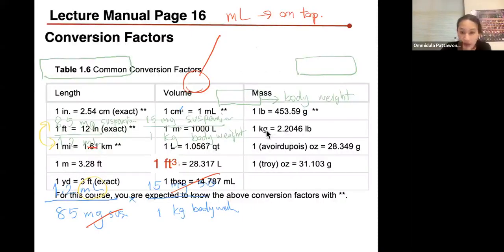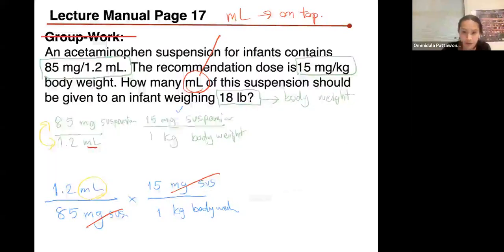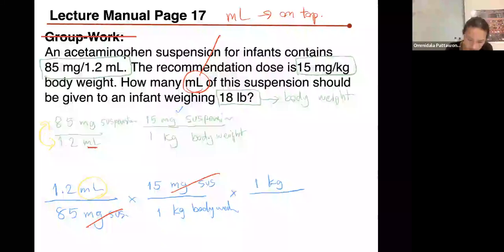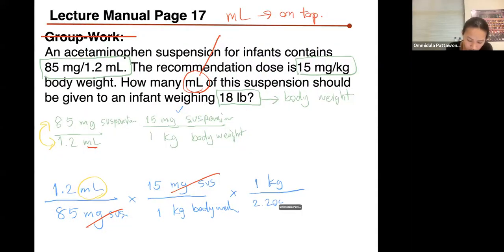Okay, so I'm going to use kilograms to pound, which is every 1 kilogram equal to 2.2046 pounds. Okay, and kilograms would cancel out.